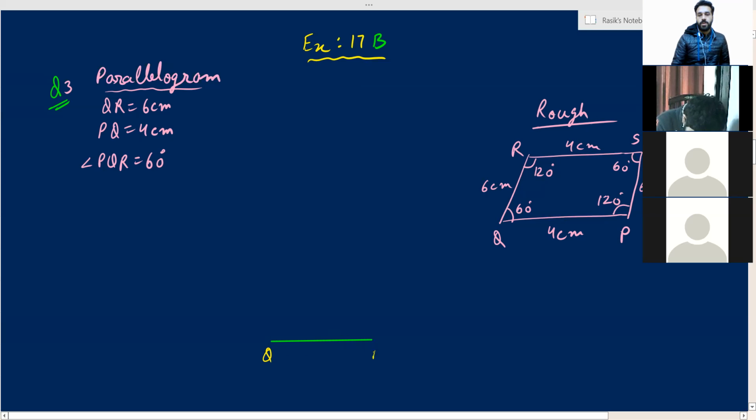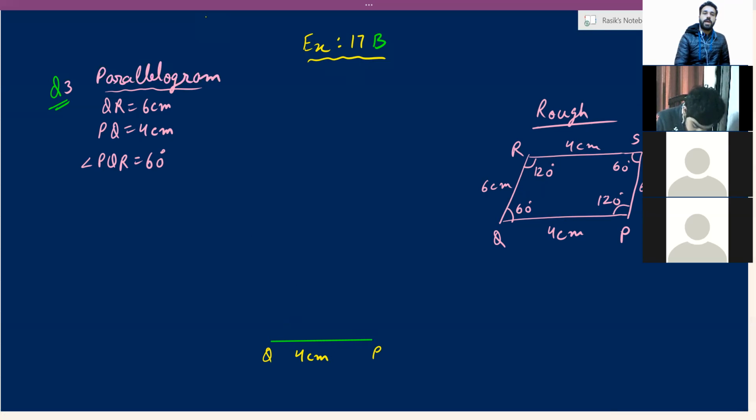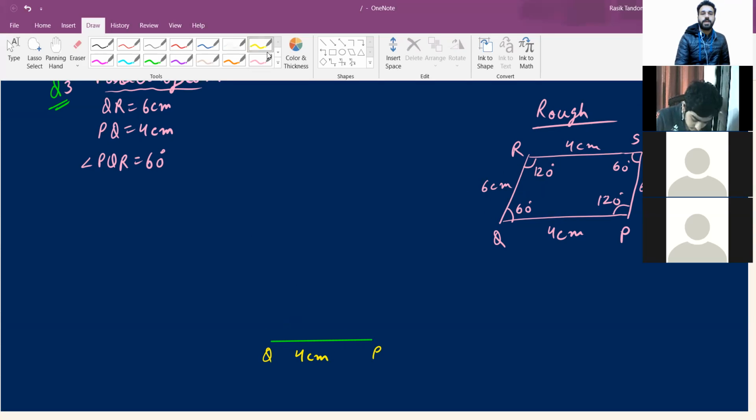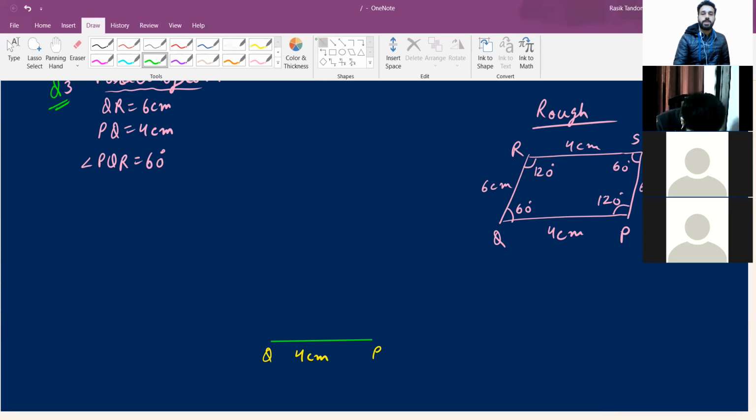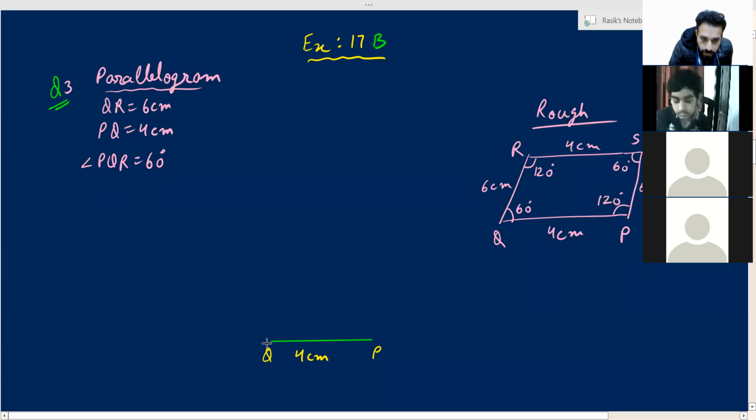QP, 4 centimeters. Now let's construct angle Q of 60 degrees. You all can draw angle 60 degrees very easily. Start constructing it in your copy. Once you are done with it, it will look like this.